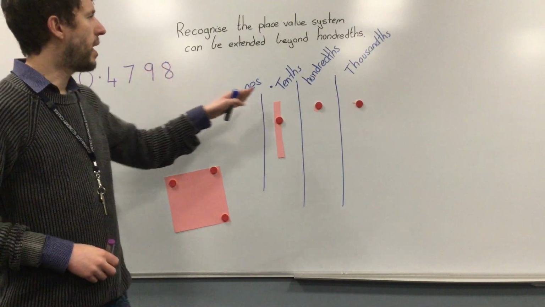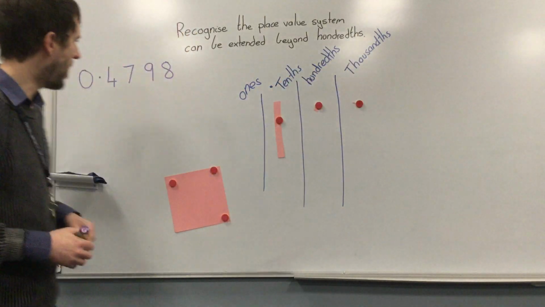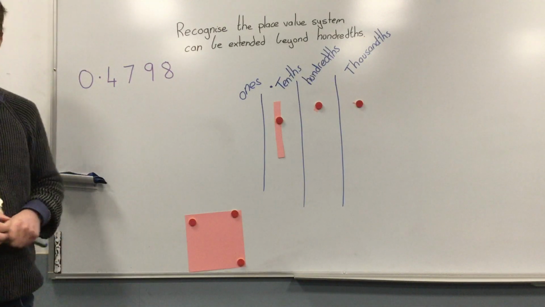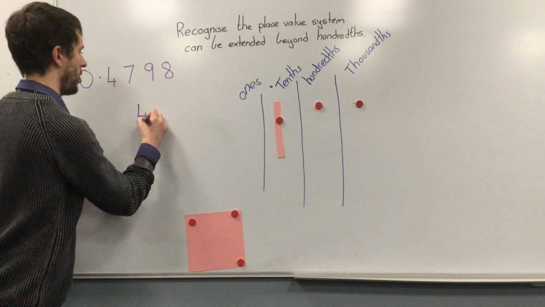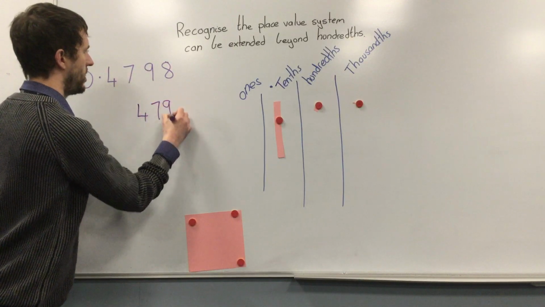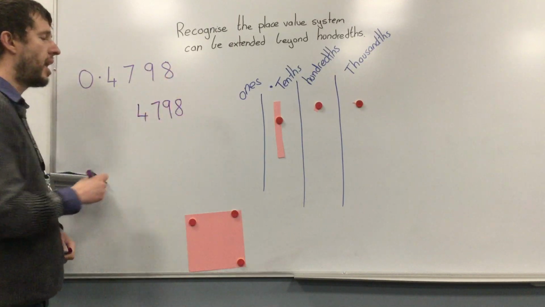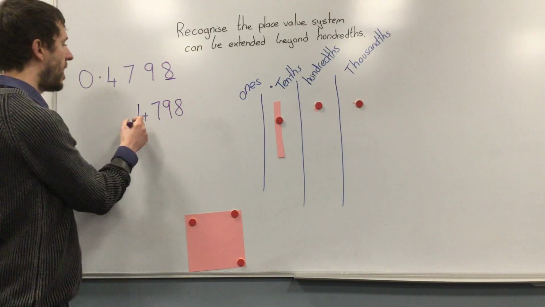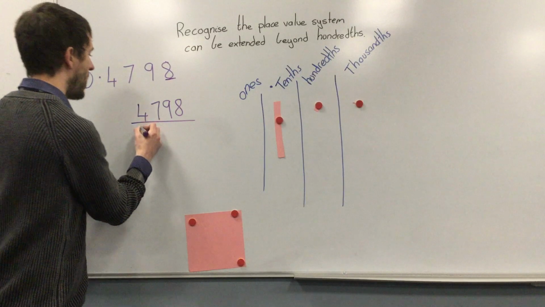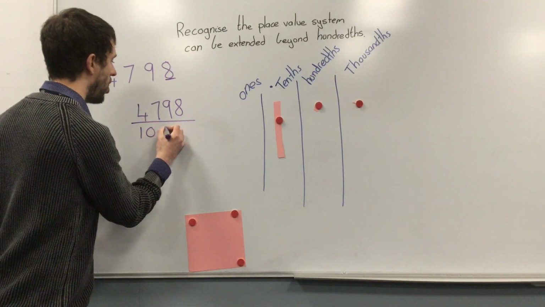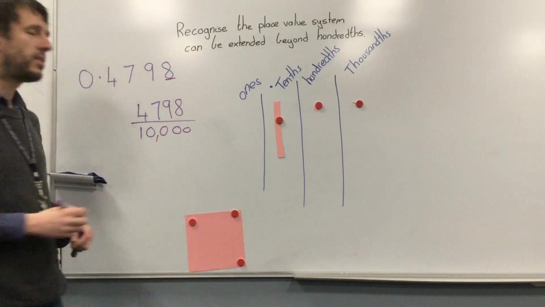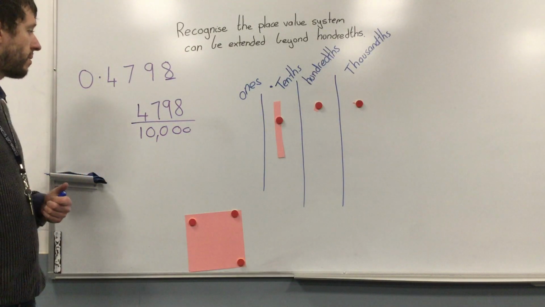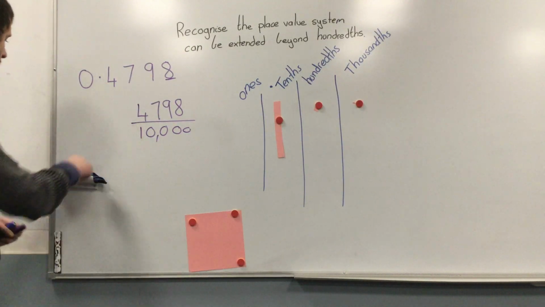Now, when we're thinking about tens, hundreds and thousands, I know that I've got here at the moment 4,798. This column is ten-thousandths. So I know I can write it's ten-thousandths. That's the same as me saying 4,798 divided by 10,000.